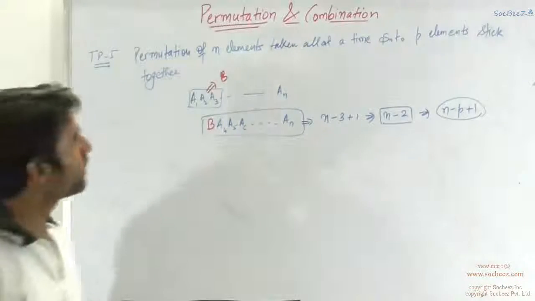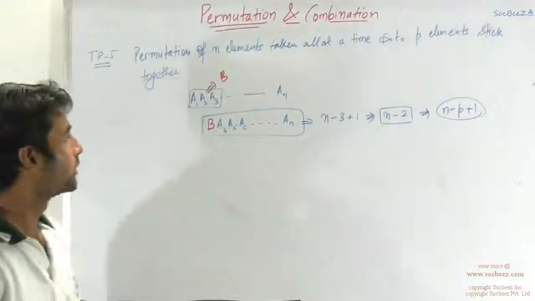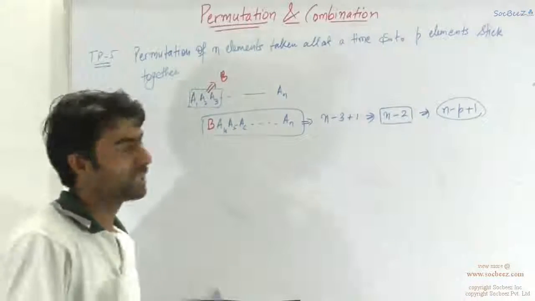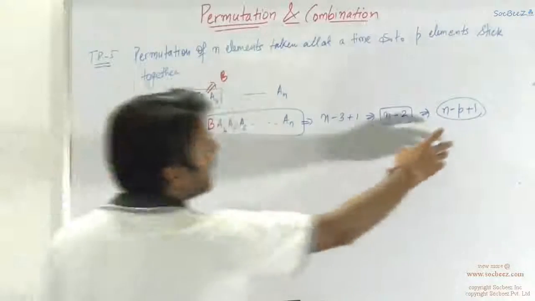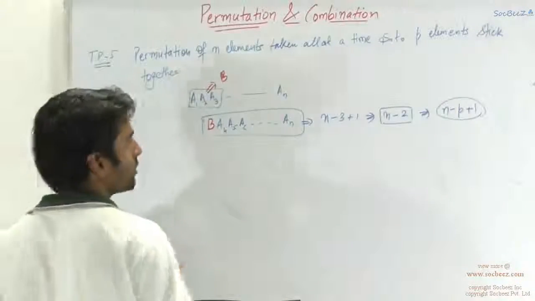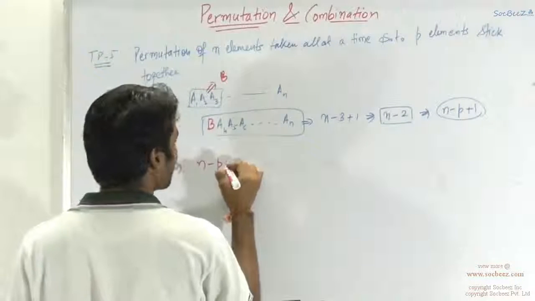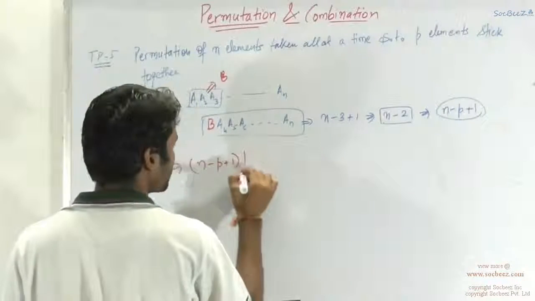So you have to now arrange all of these. Because you have to find permutation of all these elements. So in how many ways can you arrange these n minus p plus 1 elements? This is obviously n minus p plus 1 factorial.